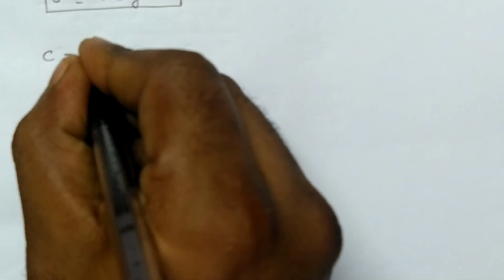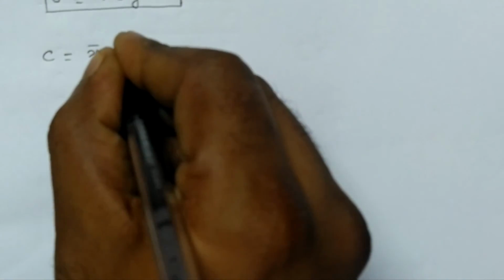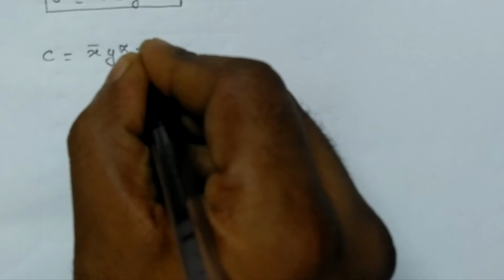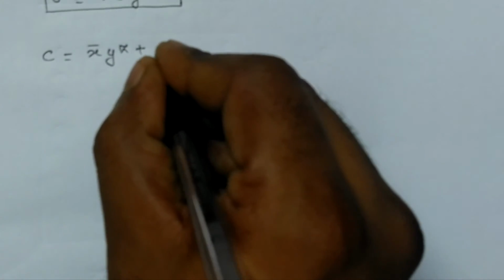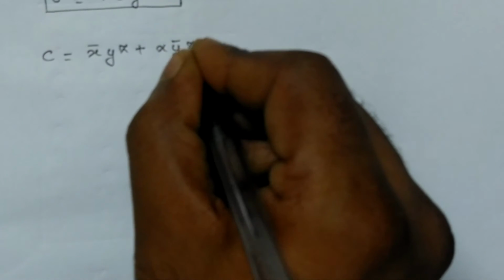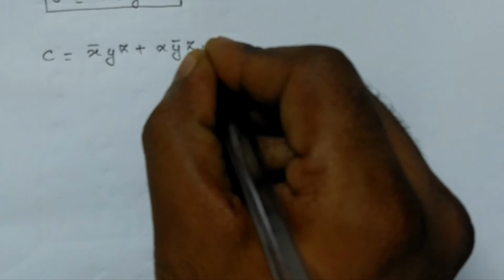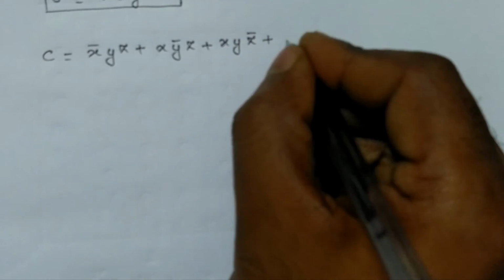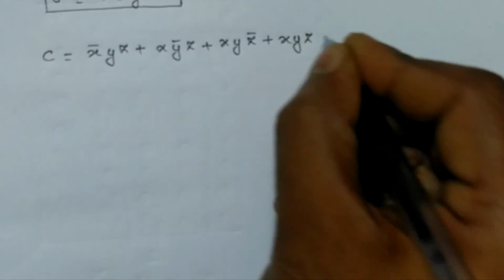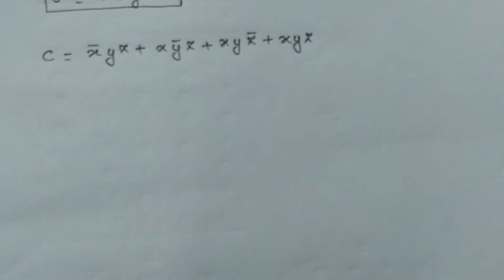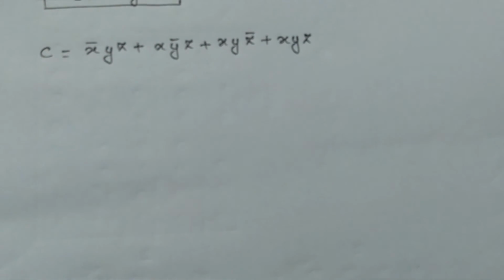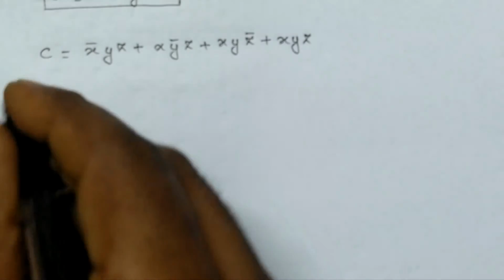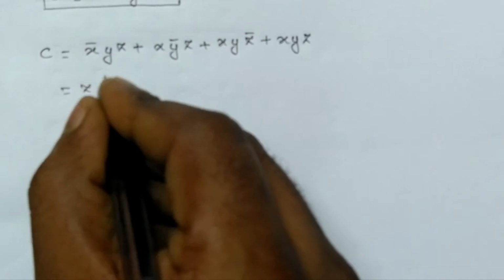Likewise, we need to go for finding carry from the truth table. Here the algebraic expression for the carry is x bar y z plus x y bar z plus x y z bar plus x y z, which we are getting from the truth table. Between these two, here I am going to take z common outside.